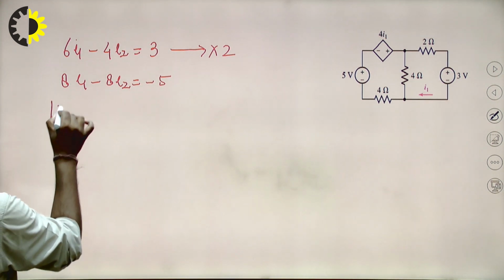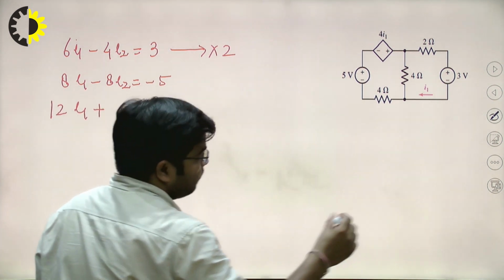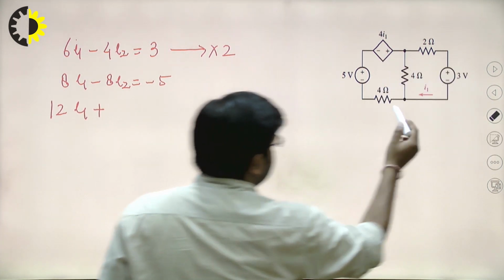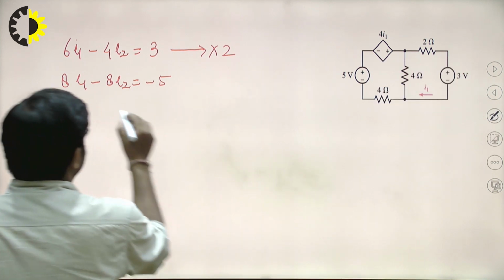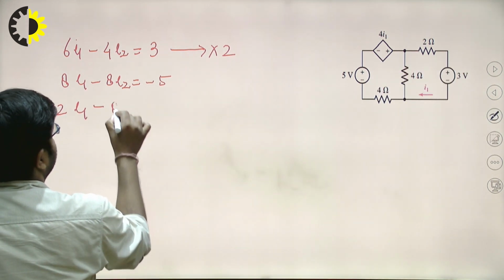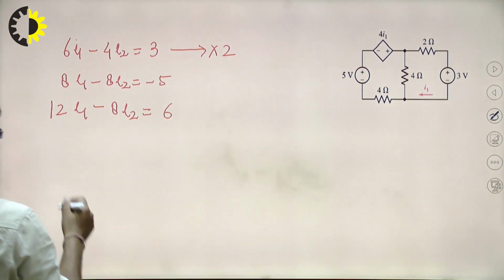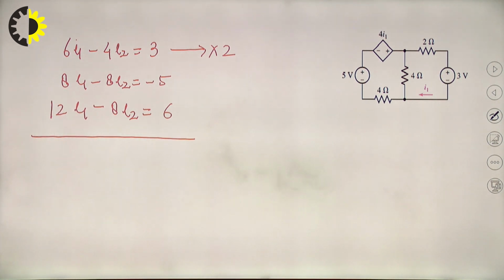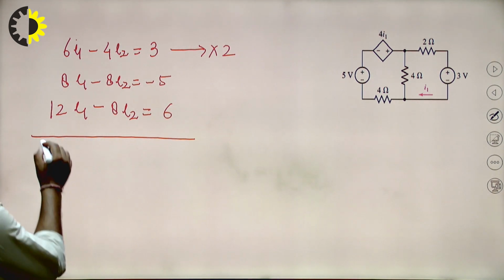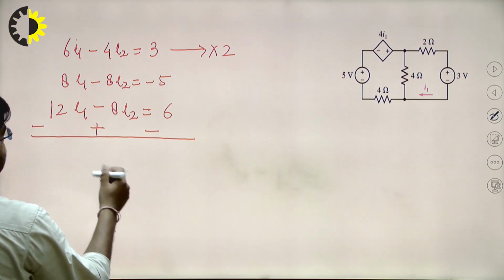So it will be 12I1 minus 8I2, that is equal to 6. So this will be minus, this will be plus, this will be minus.